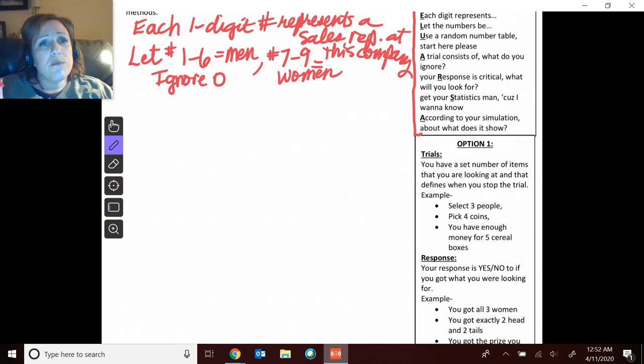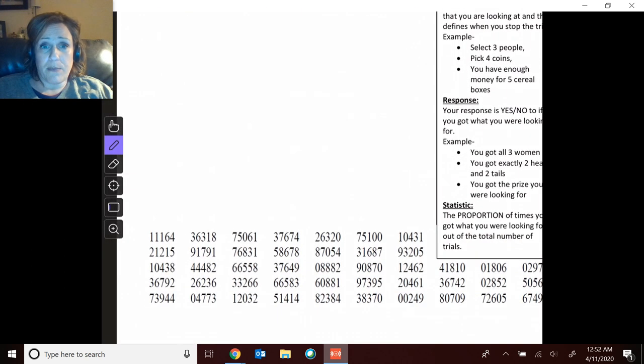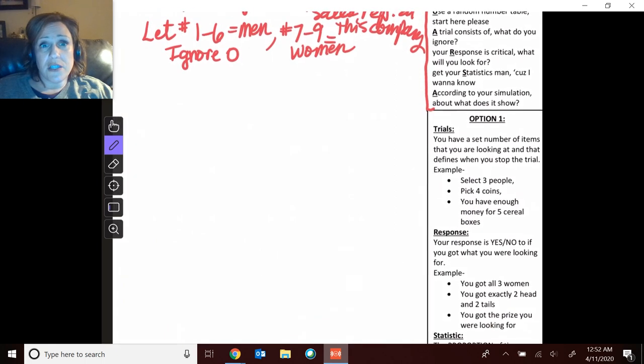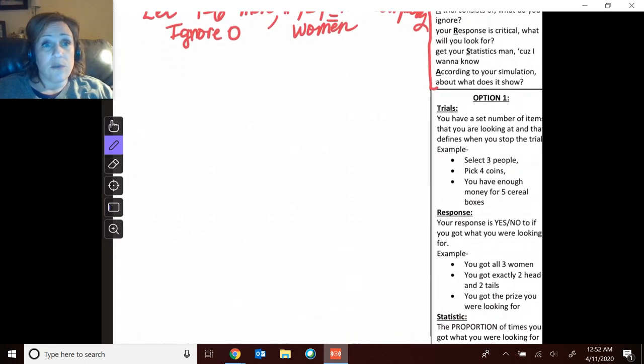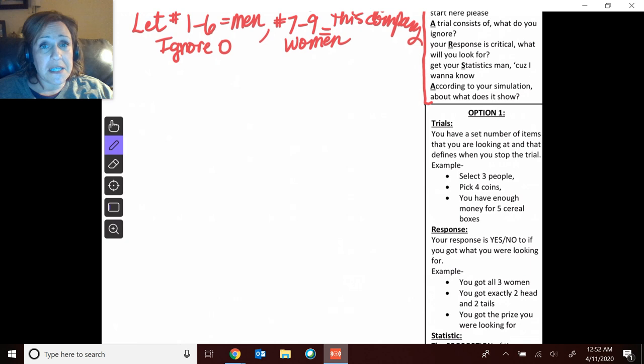Use a random number table, start here please. We're going to use the random number table at the bottom of the page and start at the top left corner. You could start at the bottom right-hand corner or the top right-hand corner. I don't care where you start. Just explain where you start so that somebody could follow along with exactly how you carried out your simulation.